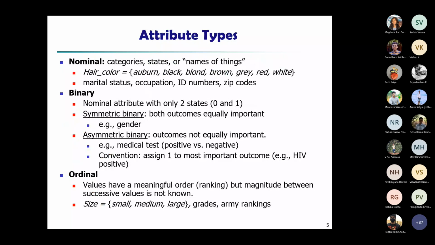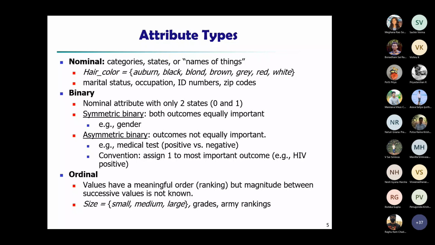For example, hair color. Hair color can be black, brown, gray, etc. We can't say gray is more important than white, or that gray is greater than white, larger than white, smaller than white, nothing like that. So it's just some colors. Some discrete categories, but no meaningful order.